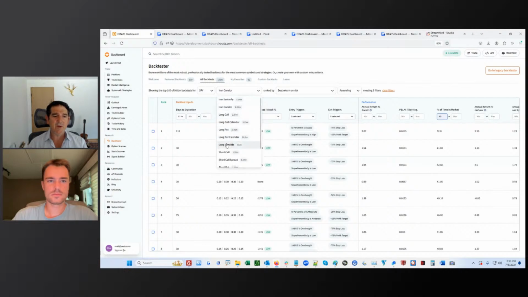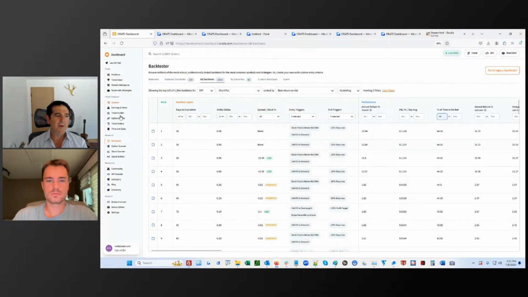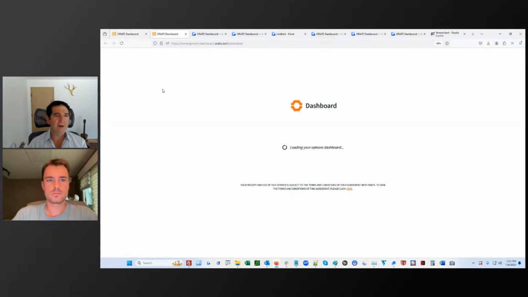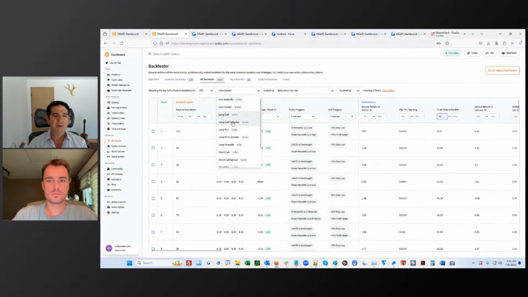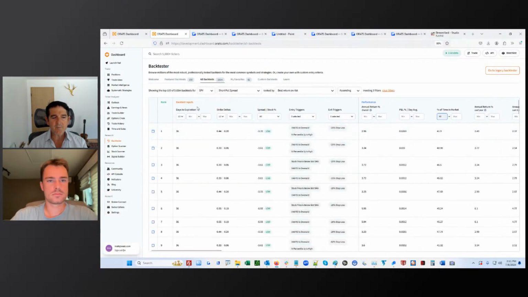So one of the things I wanted to look at was, let's compare a short put with, and then I could open in a different screen, a short put spread. So let's kind of narrow this down a bit.